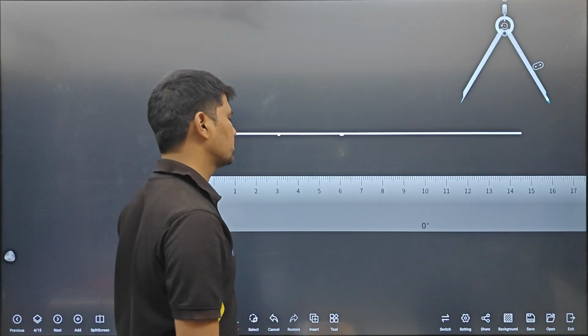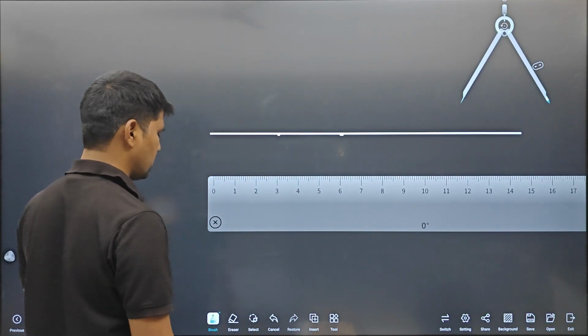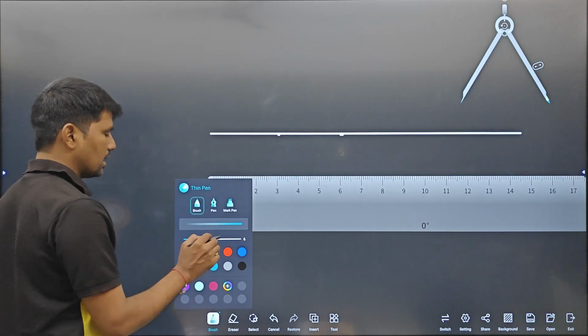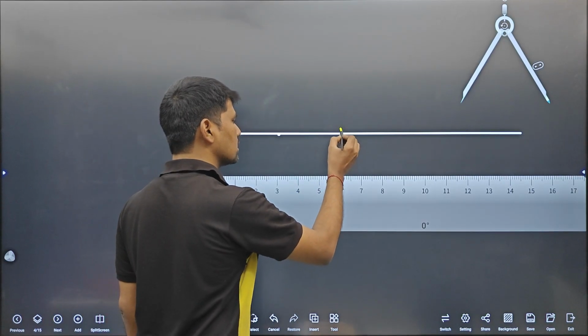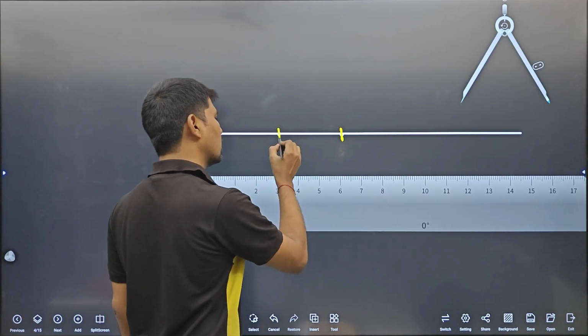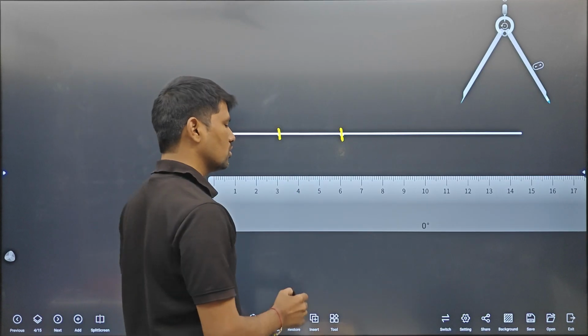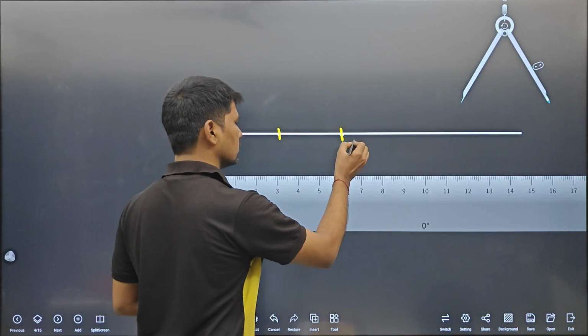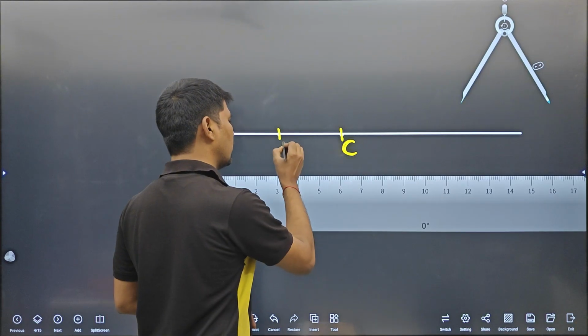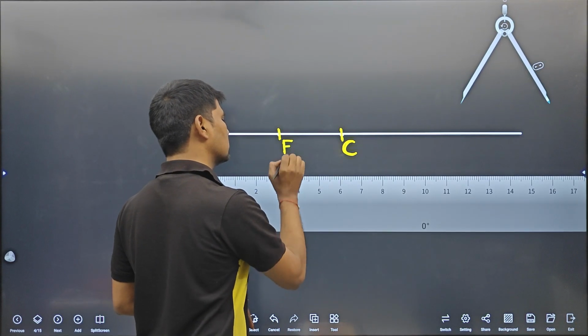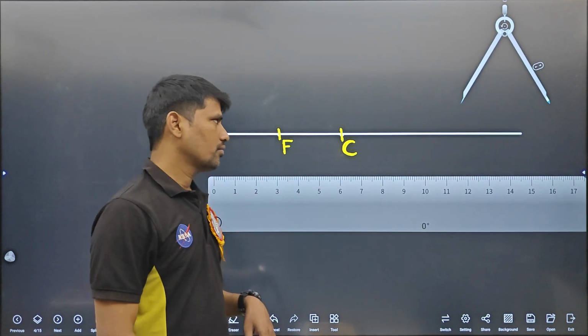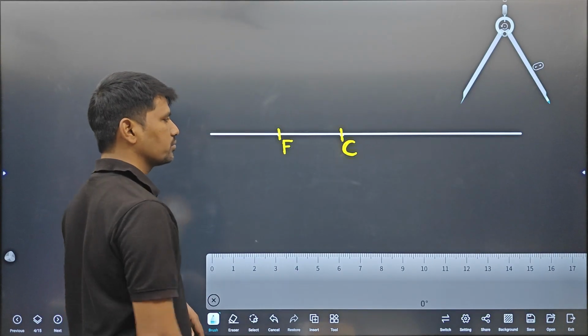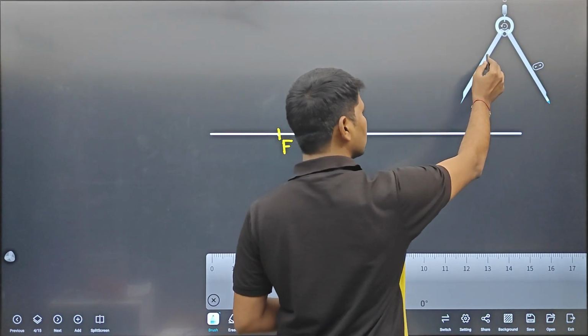Why? Because the focus is the midpoint. Yes students, here this is the center, and this is the focus. First mark the center and focus like this. Then take the compass.